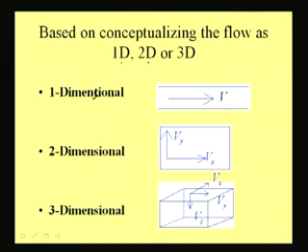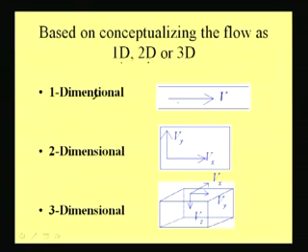Suppose flow is occurring in a very narrow channel, and the velocity in the lateral direction, you can refer to the slide, say we have this velocity flowing like this, and the component of velocity in the lateral direction is very insignificant, and maybe in the vertical direction also the change of velocity is not that significant.